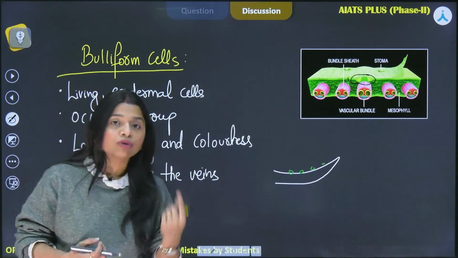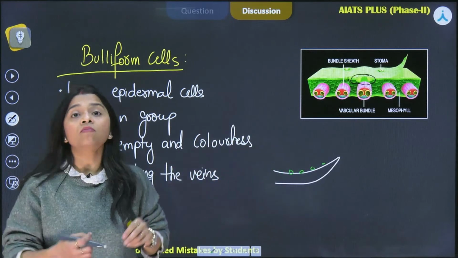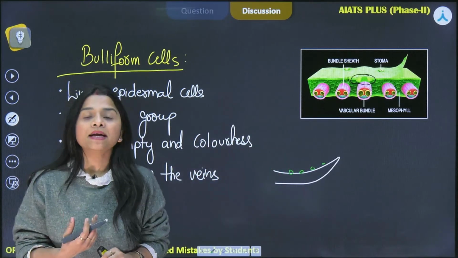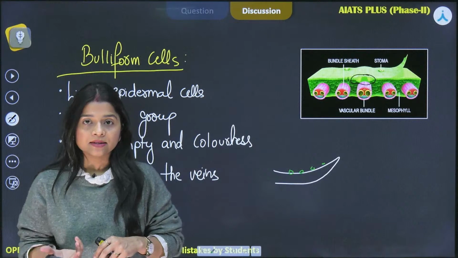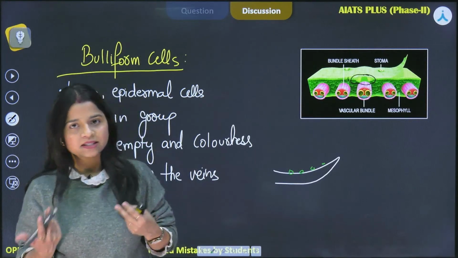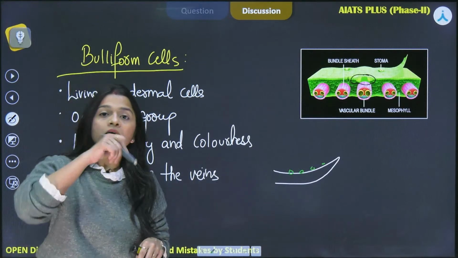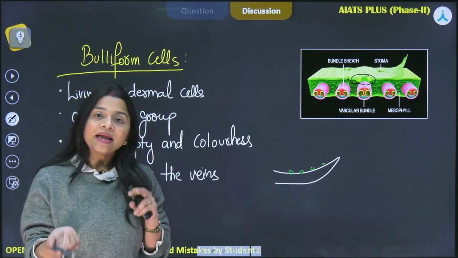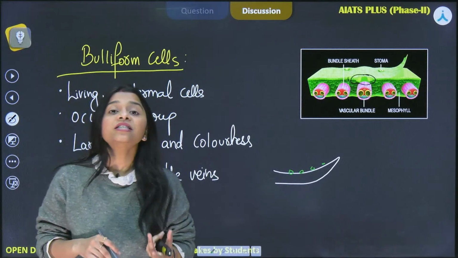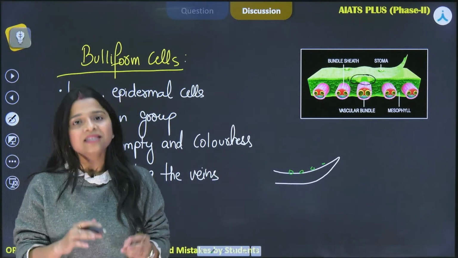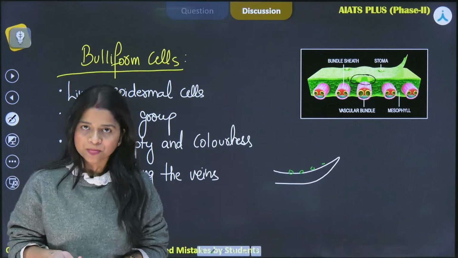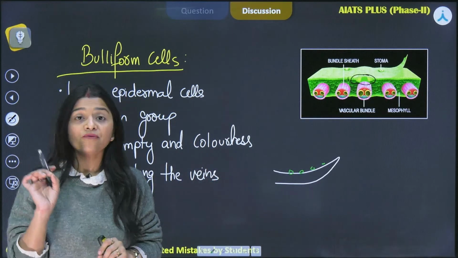In order to do that, these bulliform cells basically become flaccid. Obviously they will become flaccid because there is deficiency of water, and when that happens, these cells curl the leaf. By curling the leaf, the surface area of the leaf reduces, and hence the loss of water can be prevented. So this is the function of these bulliform cells.